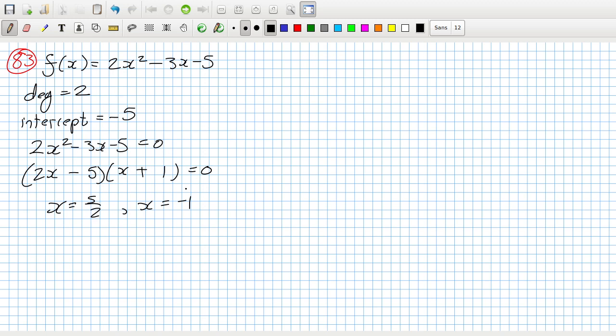Is this function even or odd? I'll check in a moment. Well, I can tell it's neither from the zeros here, because there'll be one here at 2.5, and then one here at minus 1, so it's not going to be symmetric.